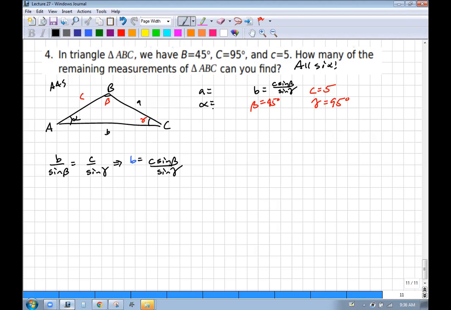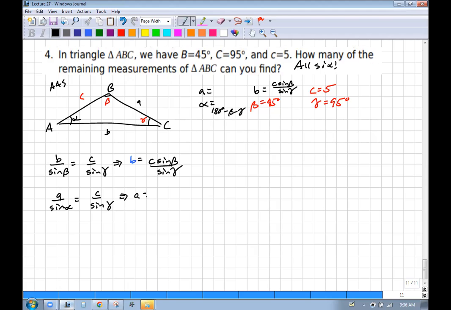Alpha would be 180 minus beta minus gamma. And then A, we could use the law of sines. We say A over sine alpha is equal to C over sine gamma.